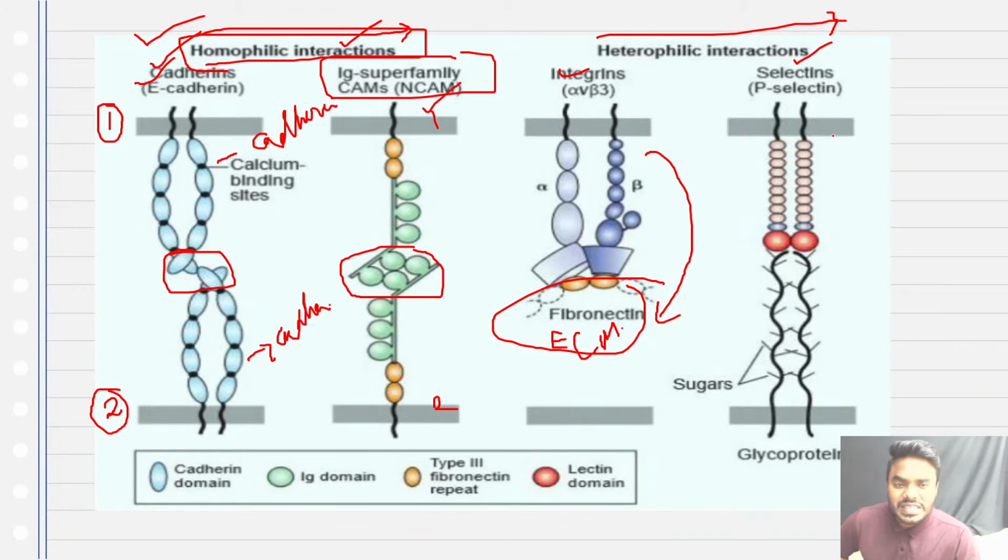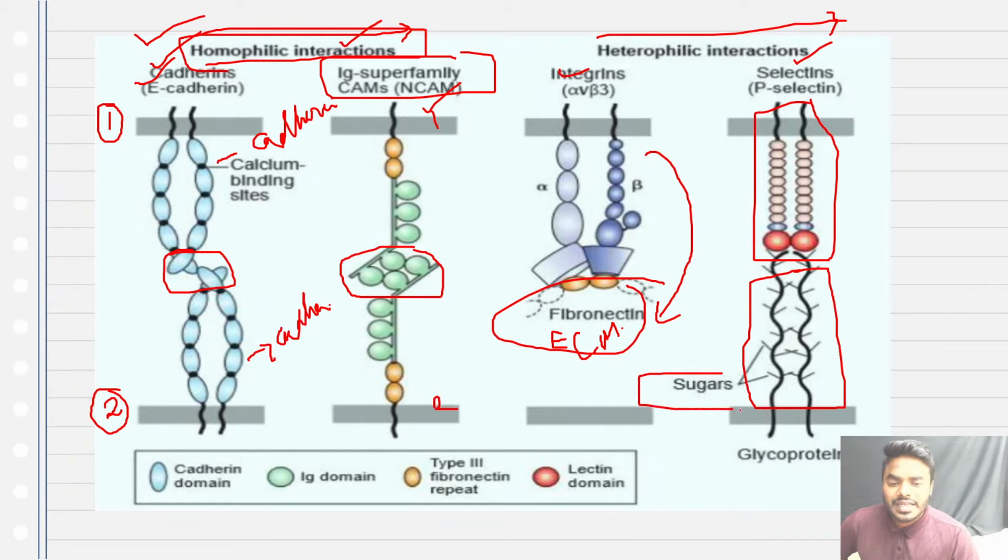In the same way, look at this selectin. Instead of associating with another selectin molecule, selectin is getting associated with what? Friends, everyone pay attention. The selectin is getting associated with sugars. Kindly do not get confused with this.